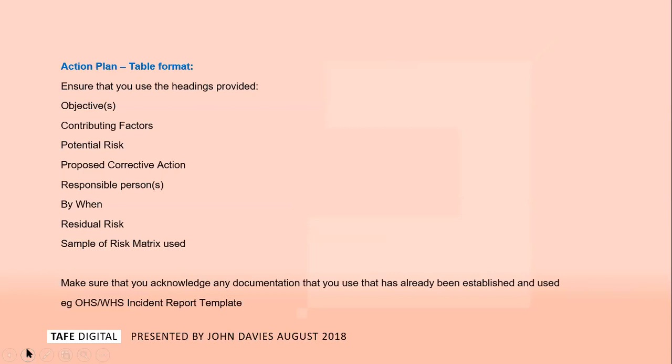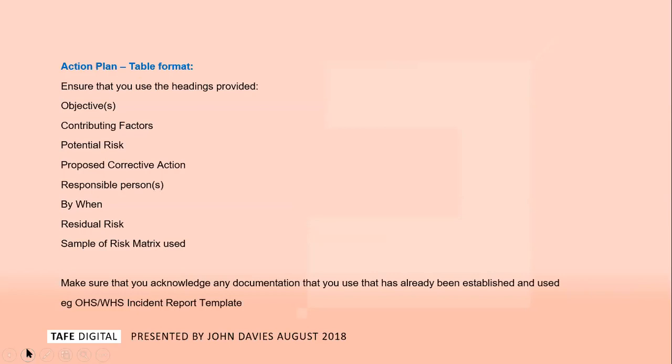By when? Assign dates for short and long-term corrective actions, commencement, review, and conclusion. This is important. This holds people accountable for delivering on what they've been given as their responsibilities.